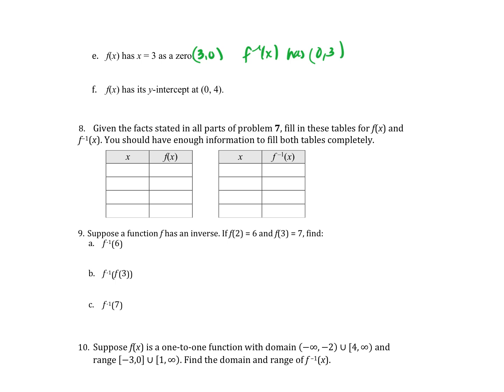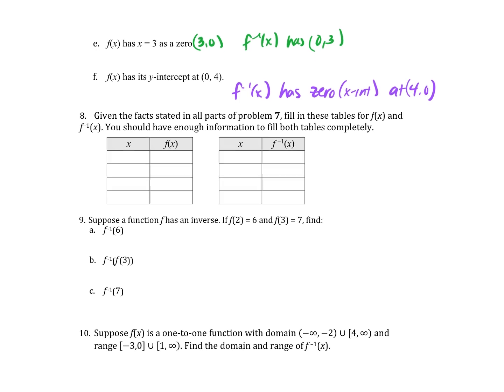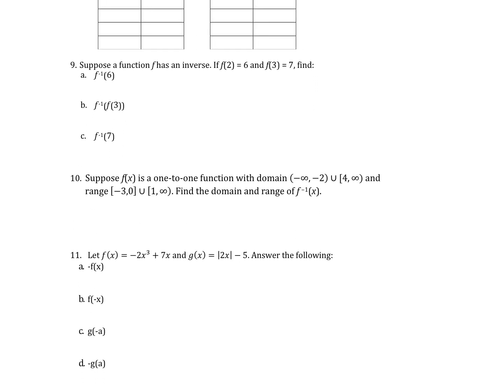And then vice versa, it's a y-intercept at (0, 4), so the inverse has an x-intercept at (4, 0). And then 8, you can just fill in the table using all that information because you have all those ordered pairs. And then 9 is similar, so I'm going to let you figure that out.